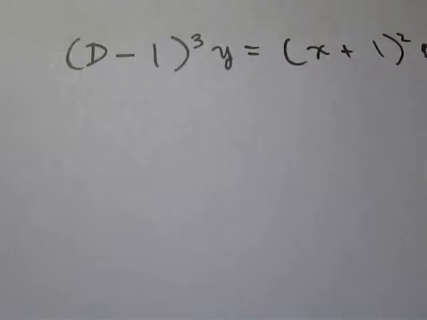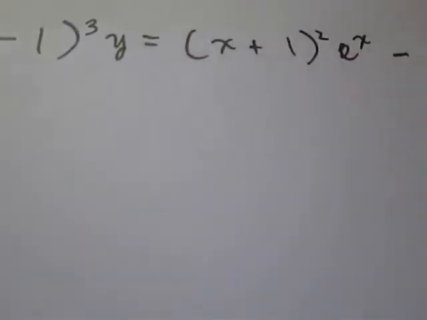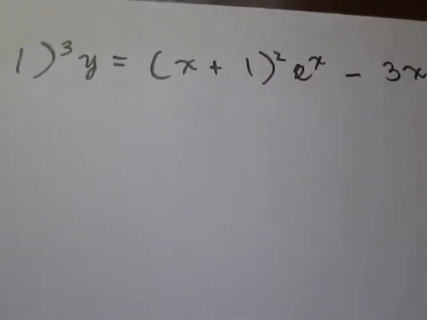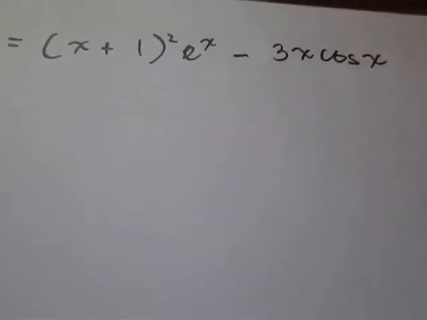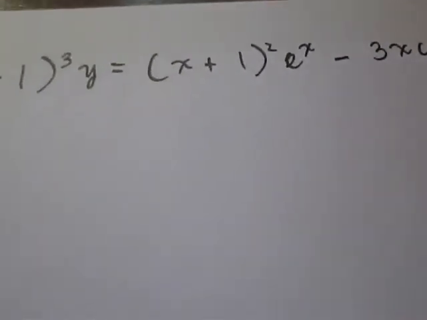(x plus 1) cubed y equals (x plus 1) squared times e to the power of x minus 3x cosine x.